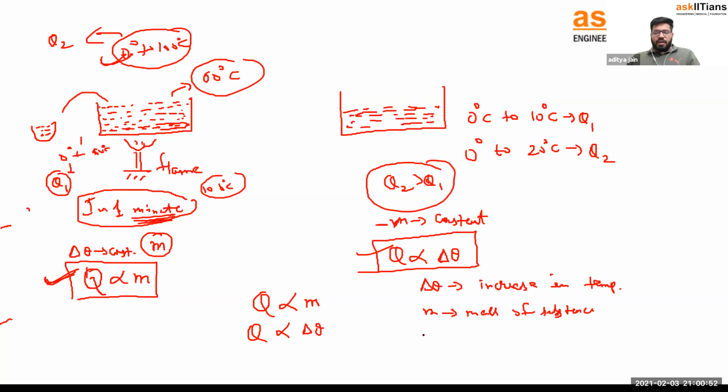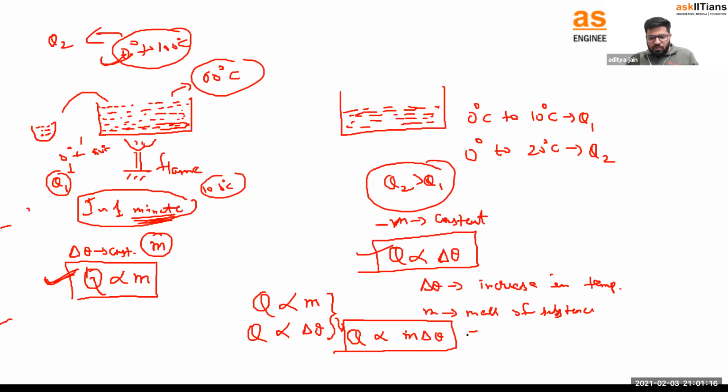Before removing the proportionality constant, if I combine both these relations, I can write that heat required is directly proportional to M as well as delta theta. Is this clear? So heat required is directly proportional to the mass as well as the increase in temperature of that mass.